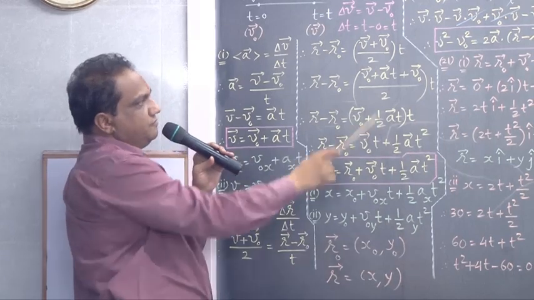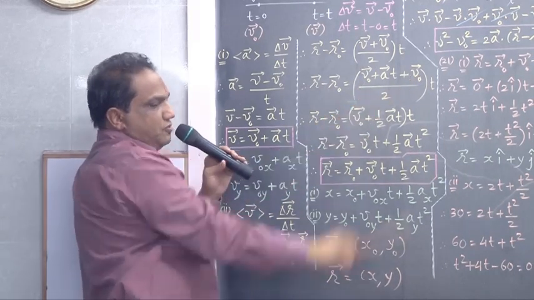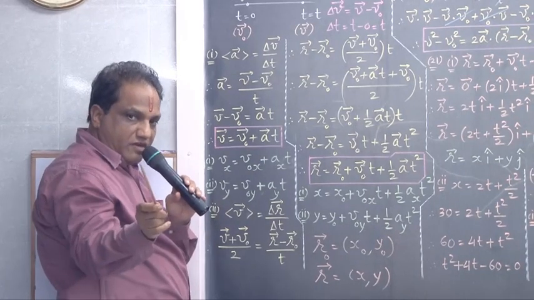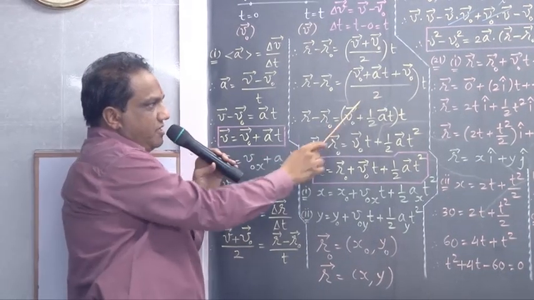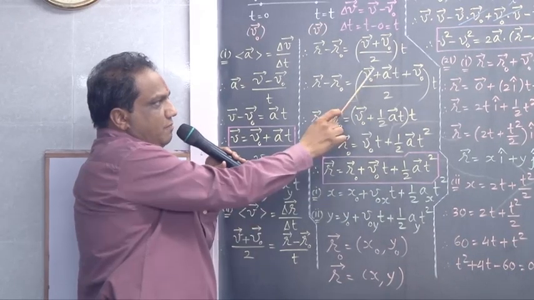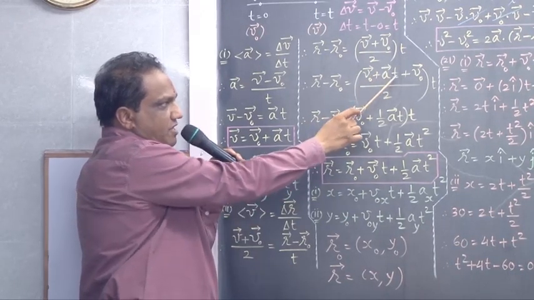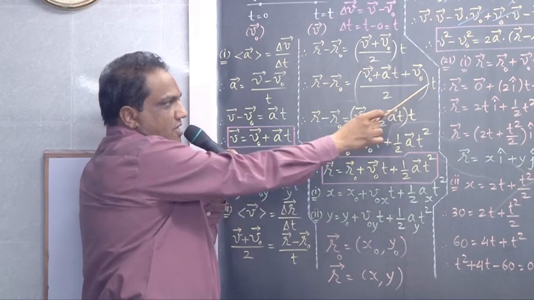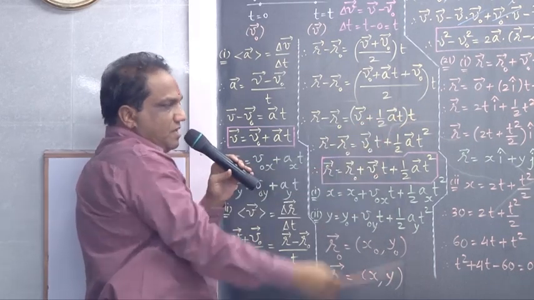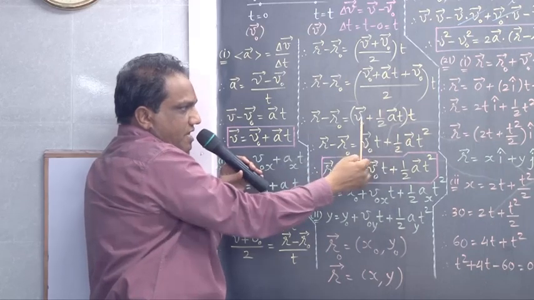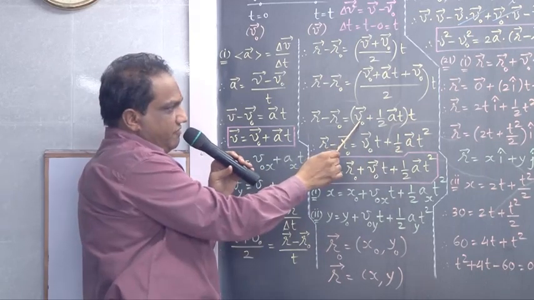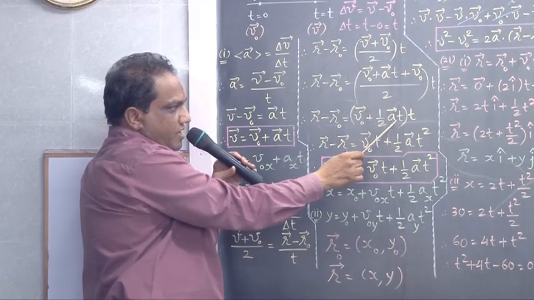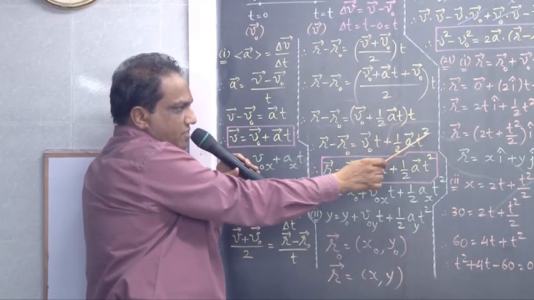Just add now: vector v0 plus vector v0 is 2 vector v0, divided by 2 gives vector v0, plus 1 by 2 vector a into t, and outside it is t. Take this t inside and multiply: vector v0 into t plus 1 by 2 vector a t into t.